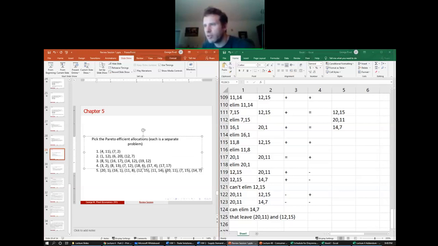And then 20-11 beats these guys. So 20-11 is Pareto efficient, and then 7-15 is beaten by 12-15. 7-15 is gone. And then 14-7 is eliminated by 20-11. So it's really just 20-11 and 12-15 that are standing. So these are the only PE allocations.